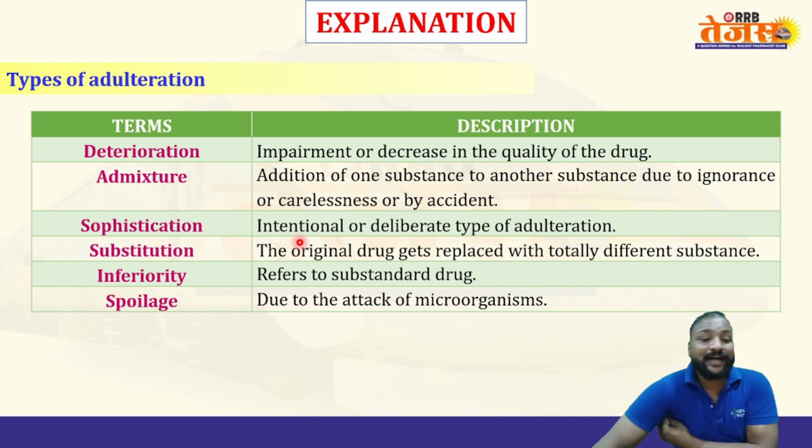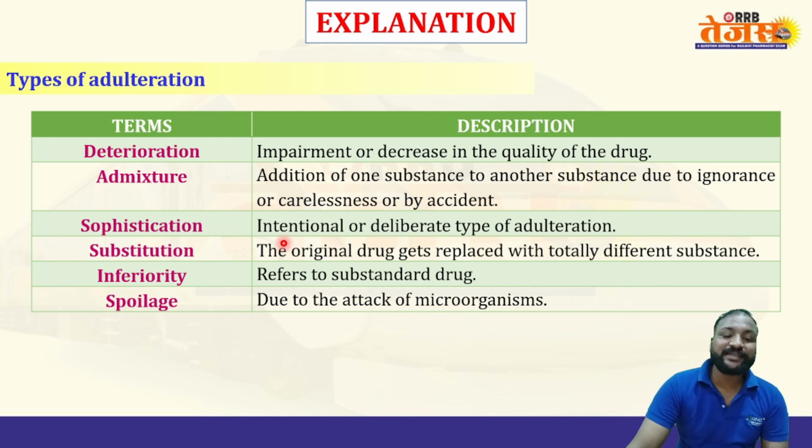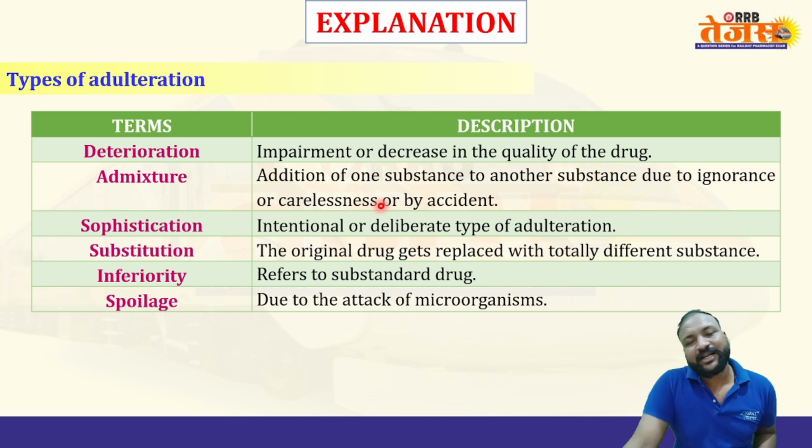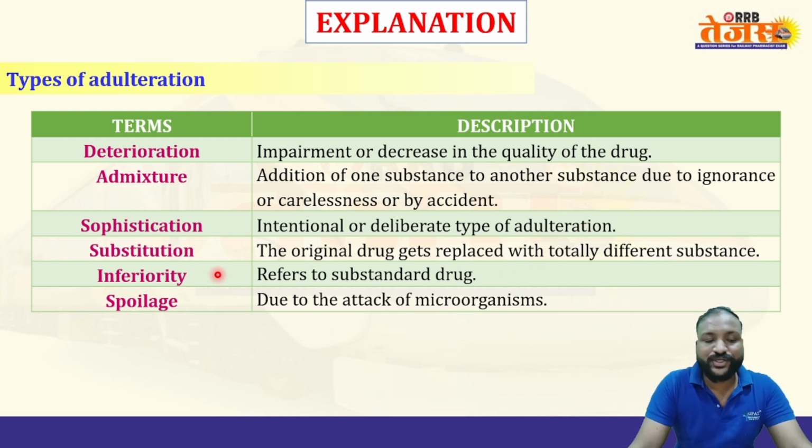The third one is sophistication, which the person does intentionally. Substitution is when the original drug gets replaced with a totally different substance, and inferiority refers to a substandard drug.